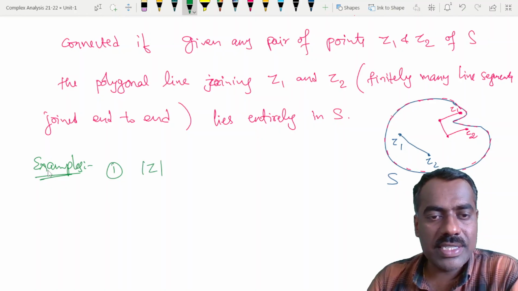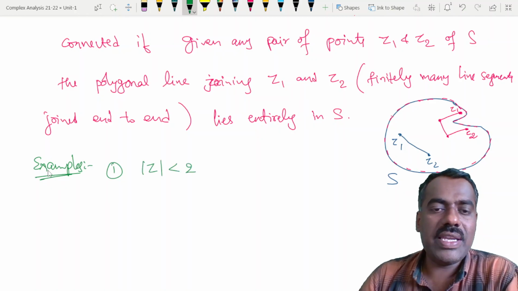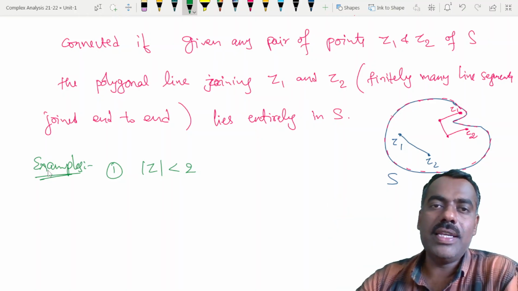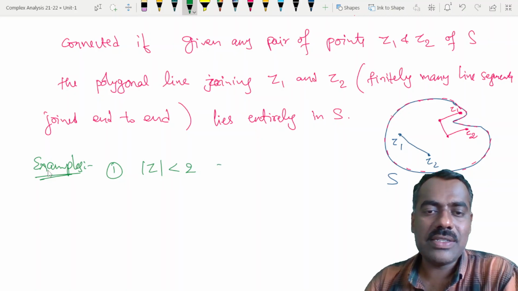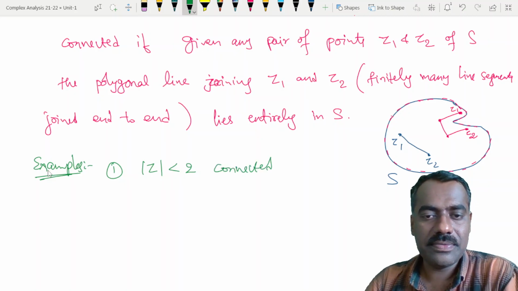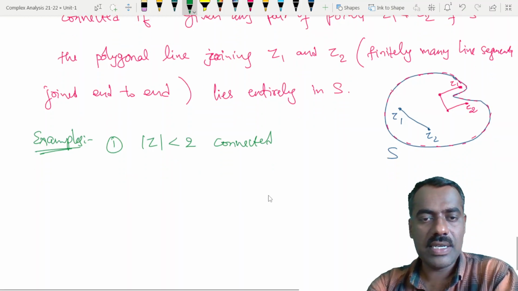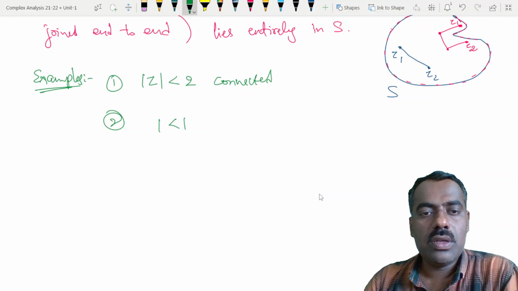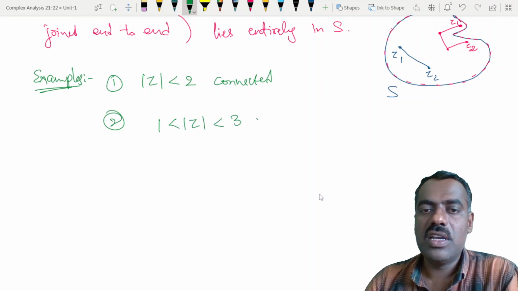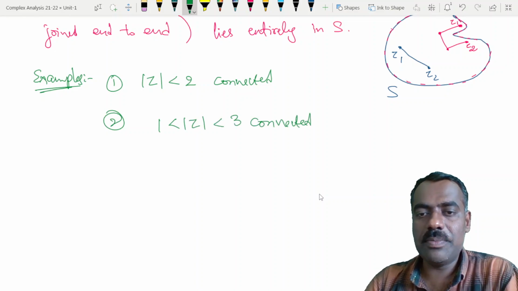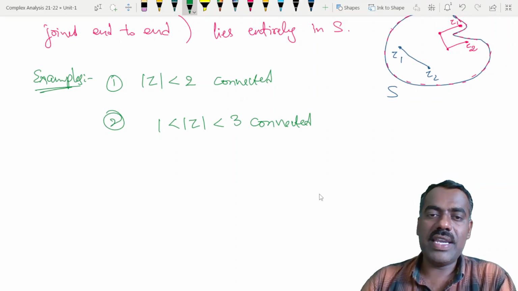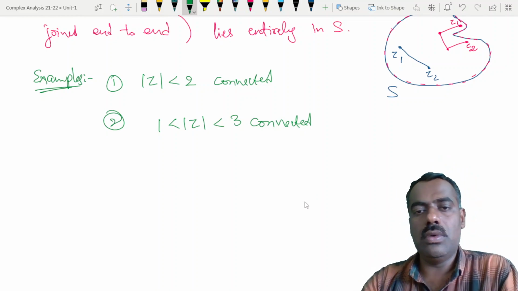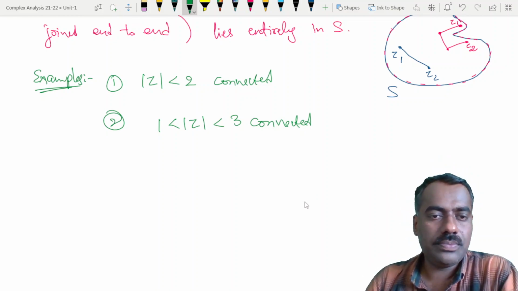Let's take some quick examples and see whether you have understood. If you take mod z less than 2, is it connected or not? Any 2 points you take, you can join by a line, so it is connected, right? Yes. If I take this one, then this is also connected. You can simply draw the picture and check. If you take any 2 points, you can join them using a polygonal line.